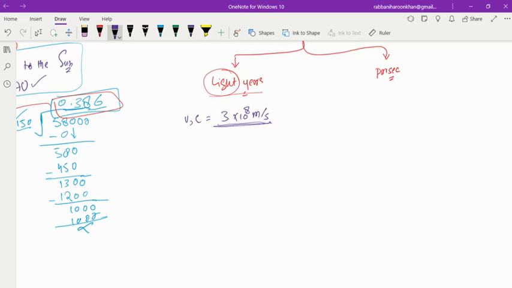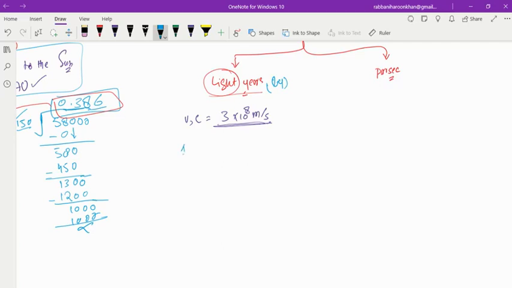That's simple as regards the light year. So we can simplify further and say that it is denoted by ly.